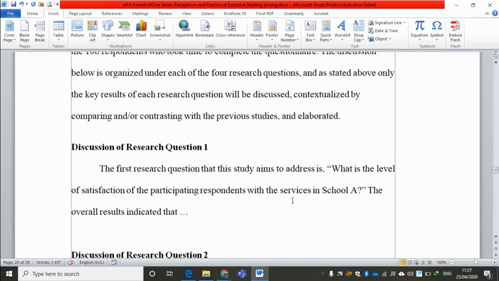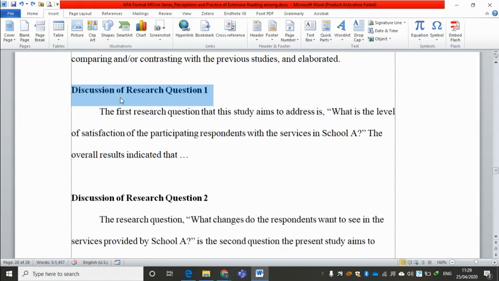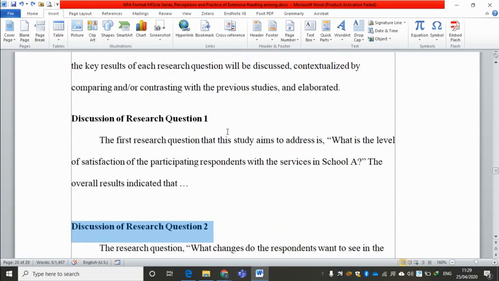This is one way. There are many ways, and I want to show you another way that is also possible. Ladies and gentlemen, if you do not love this kind of style, discussion of research question 1, discussion of research question 2, etc., you might discuss your results or your findings based on themes or topics.